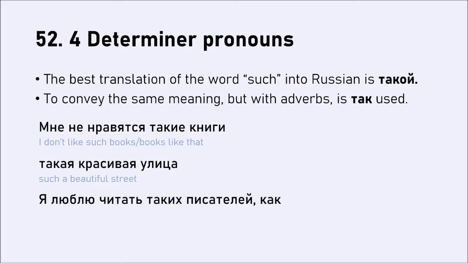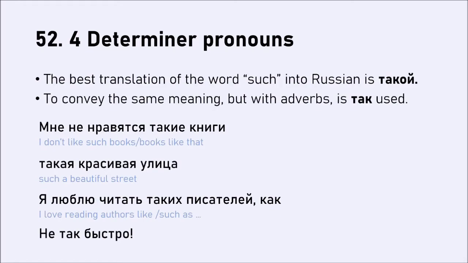Я люблю читать таких писателей как. I love reading authors like, or such as is probably the better translation here. And here, of course, we just have a declension, but the word is still the same. Такой. And then if we want to look at adverbs, then a good example is не так быстро. Не так быстро.